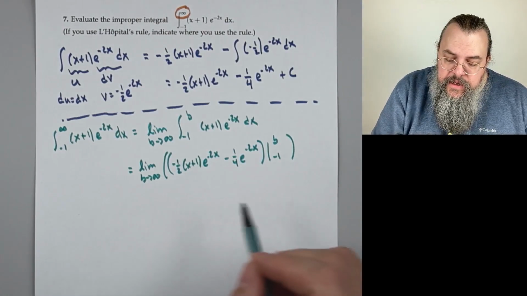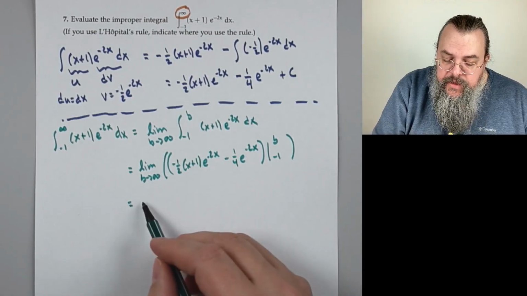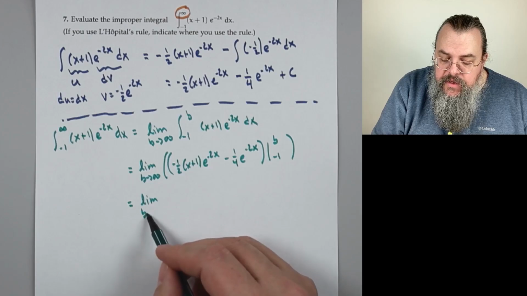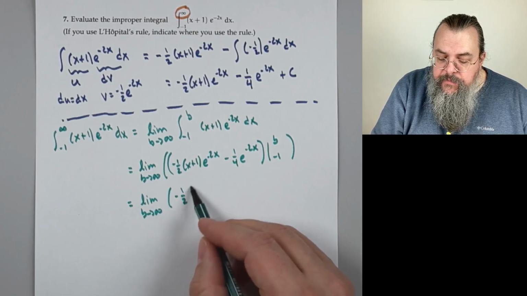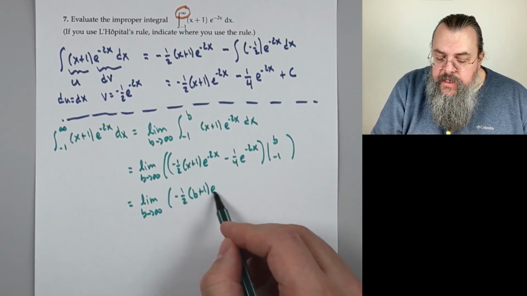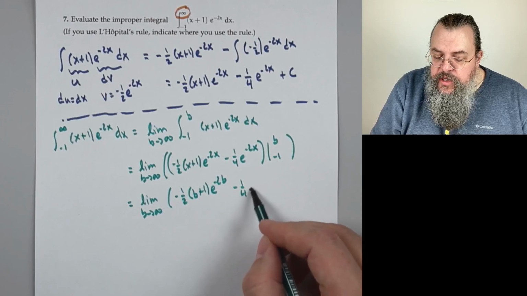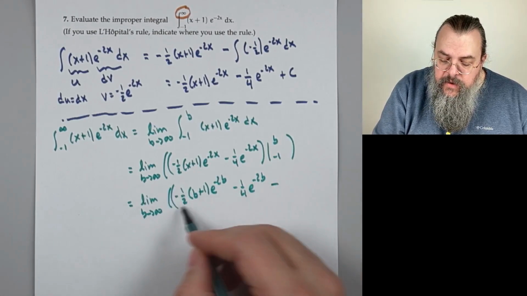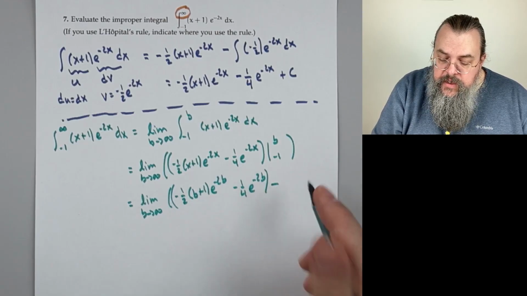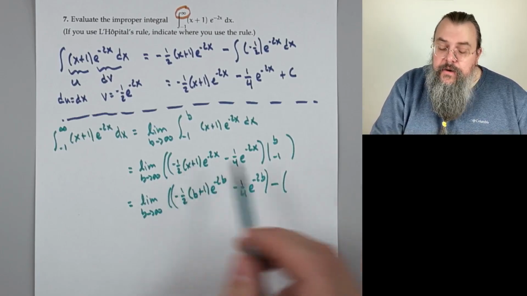All right, so what do we have? This is the limit as b goes to infinity of minus 1/2 (b plus 1) e to the minus 2b minus 1/4 e to the minus 2b. Subtract, and then here, plug in -1. Oh, -1 plus 1 is 0.